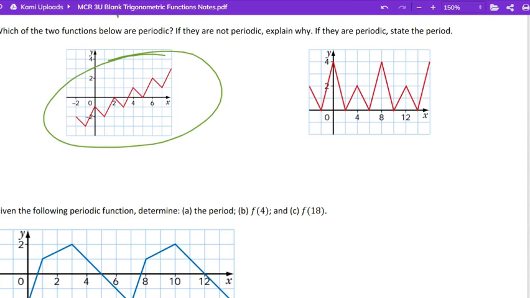However, the y values are not repeating. So I've got y is minus 1, y is 0, y is 1, y is 3, y is 5. So this is not periodic because the y values don't repeat.